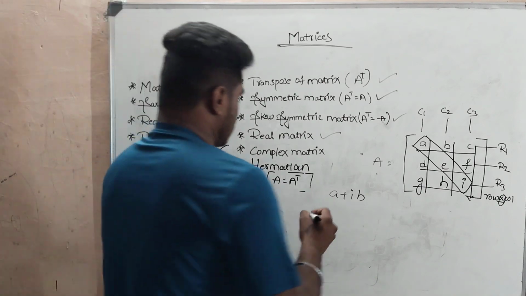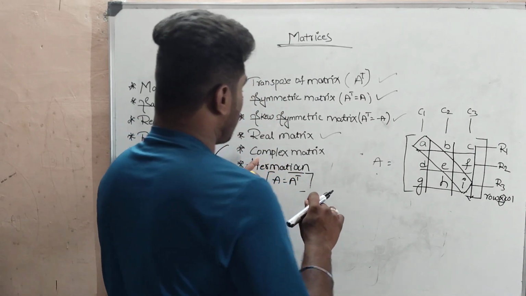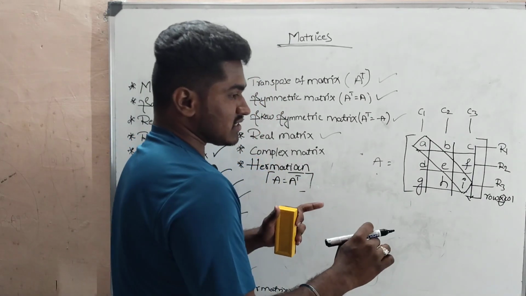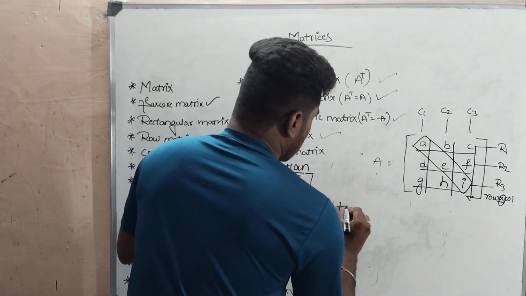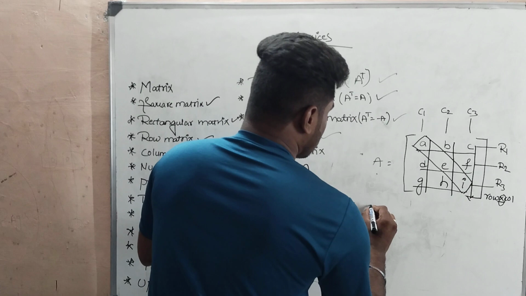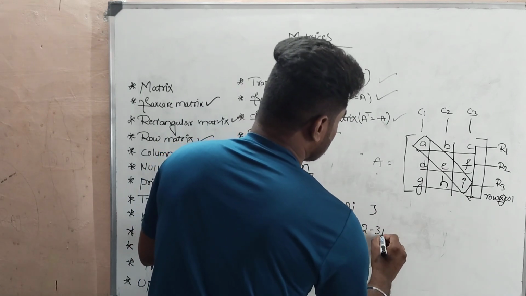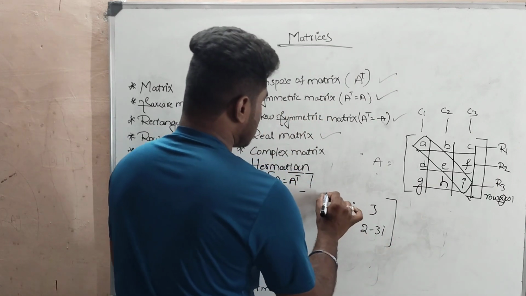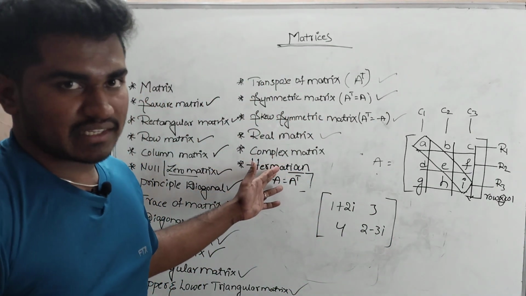So while discussing this complex matrix, it consists of complex numbers. Okay, so that is 1 plus 2i, 3, 4, 2 minus 3i. So this particular matrix is said to be a complex matrix.